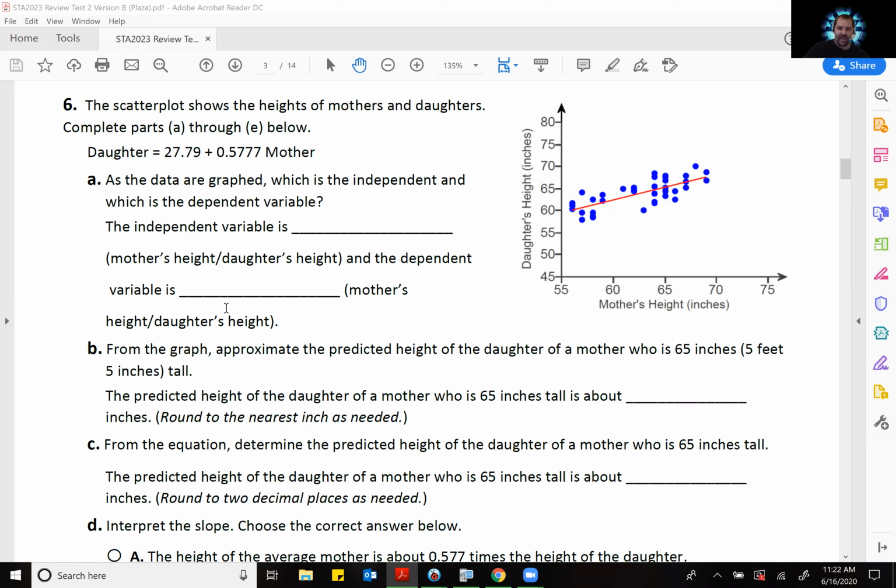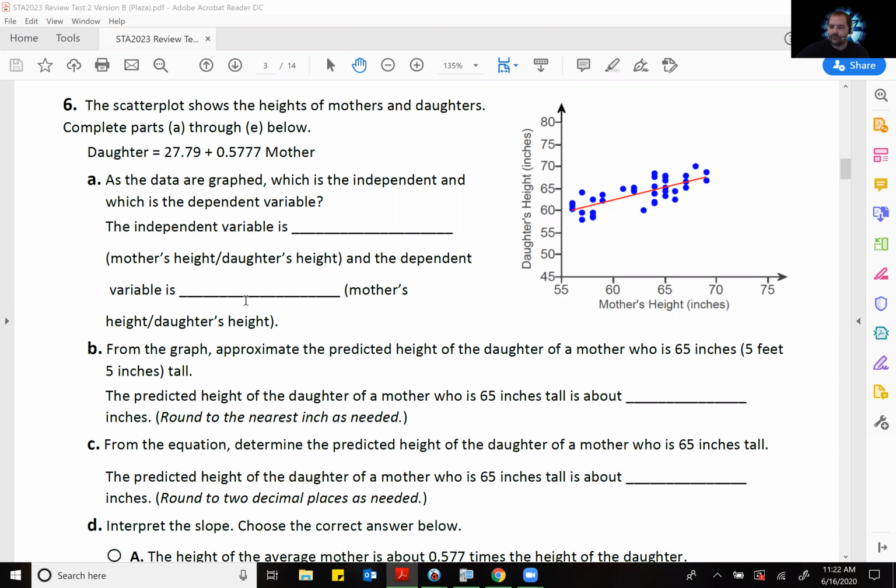You got it. X-axis is independent. Then that means in the next one, the dependent variable is? Daughter's height. Yepers. Okay.